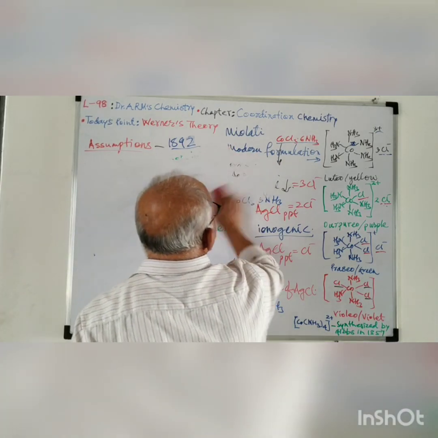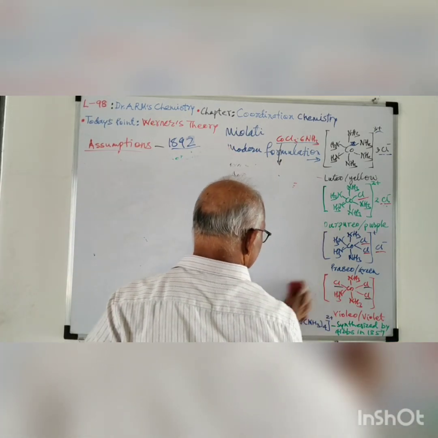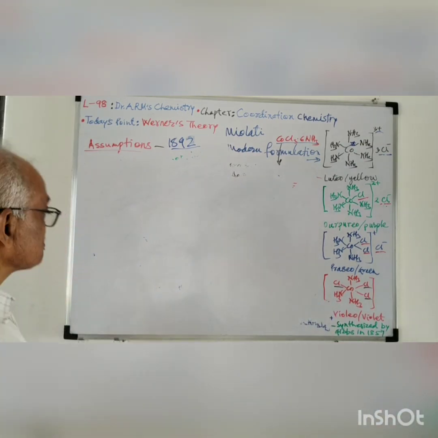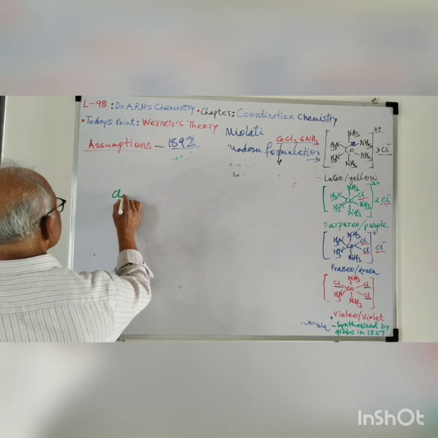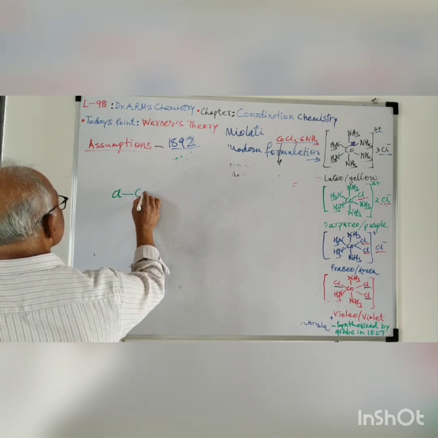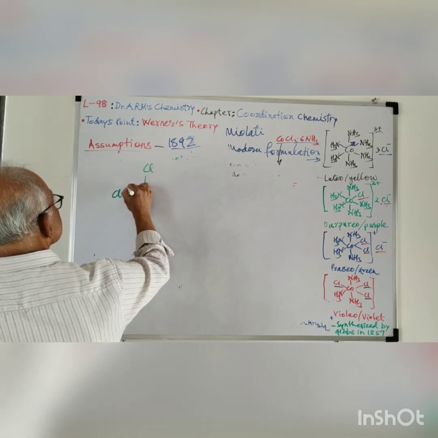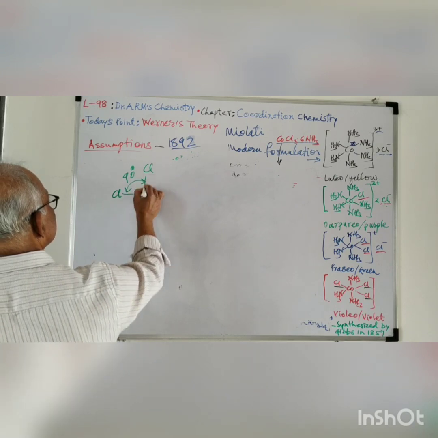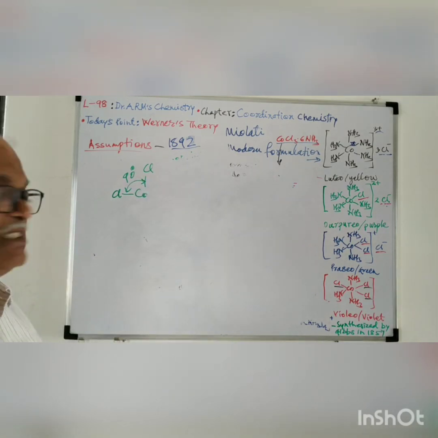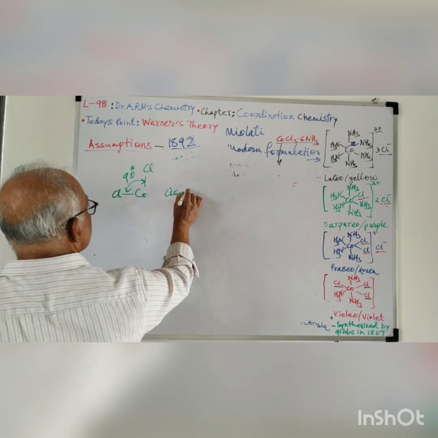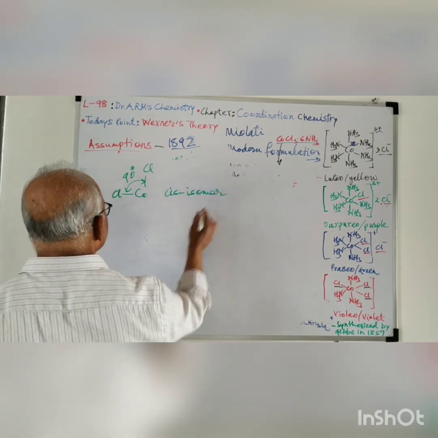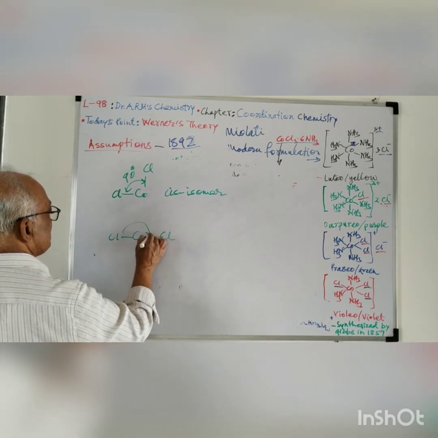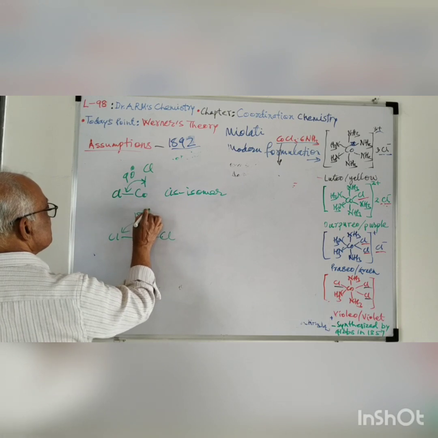geometrical isomerism. The cis isomer shows that the angle between the bonds from cobalt to these chlorides is 90 degrees. So this is called the cis isomer. But in the trans isomer, the bond angle changes and it becomes 180 degrees.